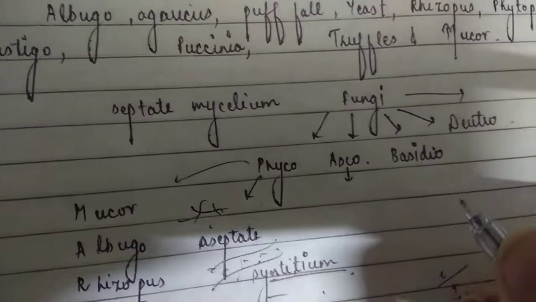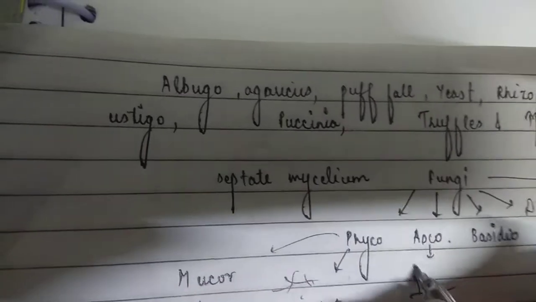Now we talk about Ascomycetes. Ascomycetes are basically like ascus, in which spores are produced by meiotic division. These are the sexual spores, and these are produced inside the ascus.